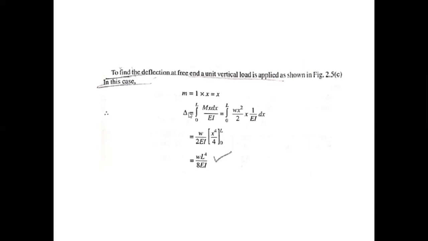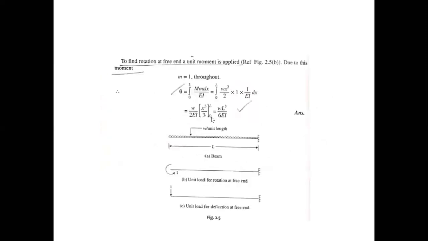So small m will be 1 multiplied by x, that is x. And this will give delta equals integral from 0 to L of M x dx upon EI. Remember, in the slope equation it was capital M multiplied by small m dx upon EI, and in this case it is capital M x dx upon EI.